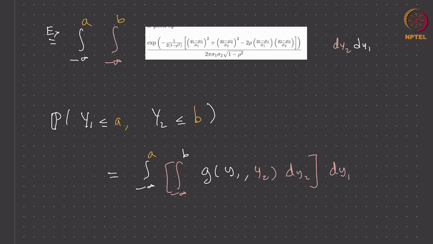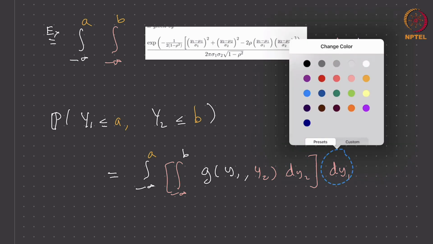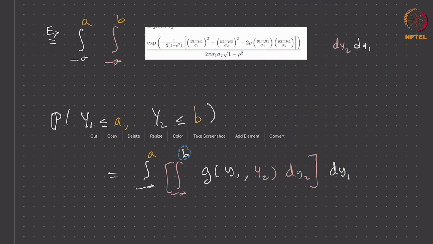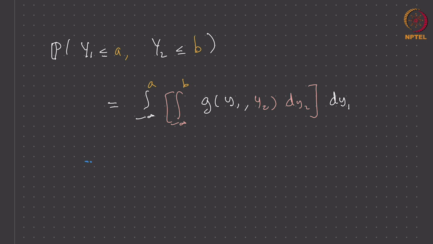This has to be white by my convention, and this has to be pink, or orange, by my convention. So that means we have shown, this implies that g is the PDF of y1, y2. And we're done.